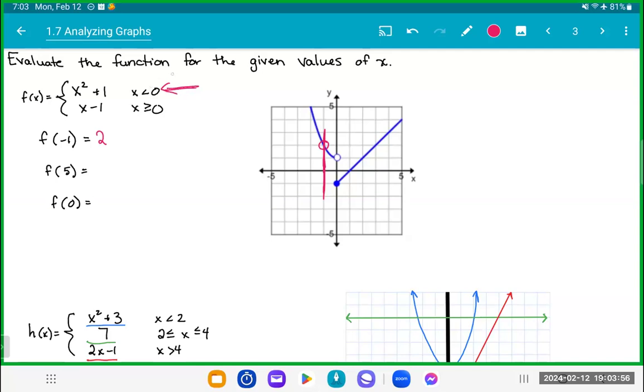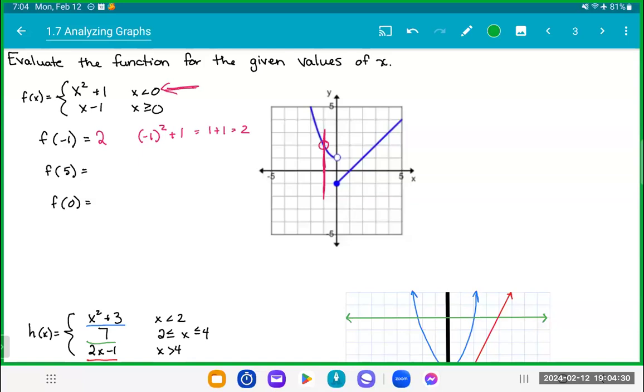Because this one is for all x's less than 0. Well, -1 is less than 0. So we would have said (-1) squared plus 1, and that gives me 1 plus 1, which is equal to 2. So if I had not been able to graphically determine that it was a 2, I could have used my piecewise functions to help determine what that value is. Okay.